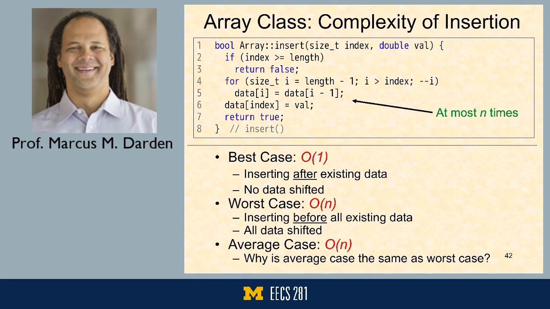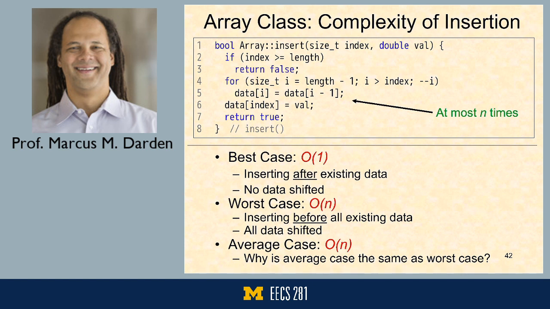As I look at the complexity analysis on this, best case, I'm inserting after existing data. I can do that in a constant amount of time. Worst case, I'm inserting at the very beginning, so I've got to move all n of the items, or at least n minus 1 of them. So all my data gets shifted. On the average case, though, I would end up with n over 2 things being moved. Sometimes it's less, sometimes it's more. Sometimes it's almost all of them, sometimes almost none of them.